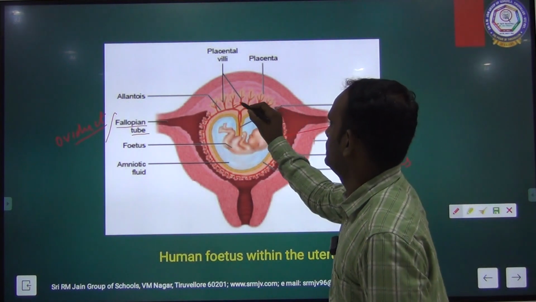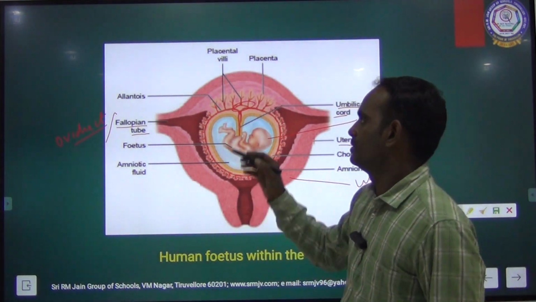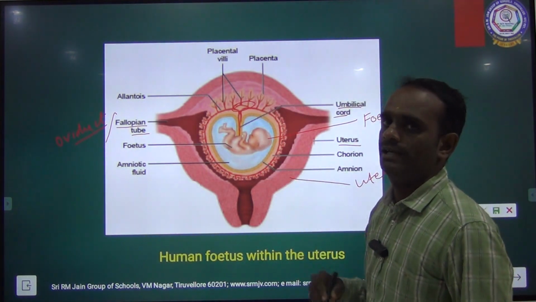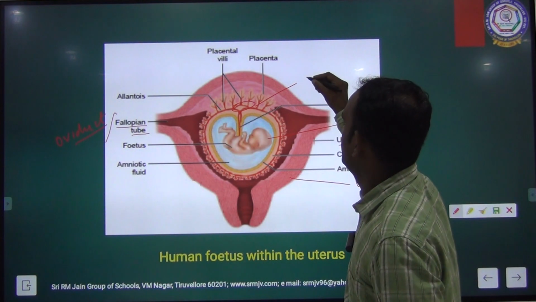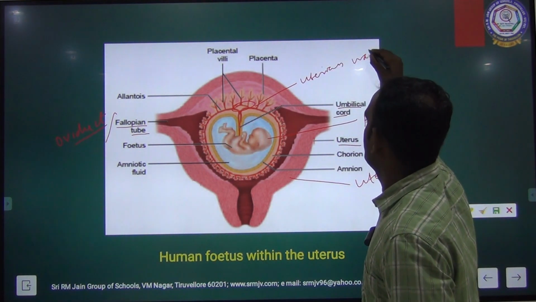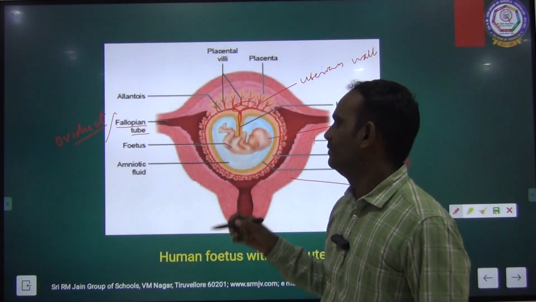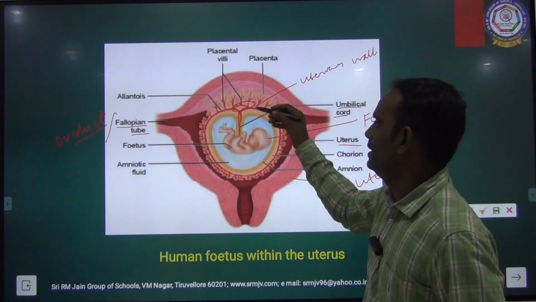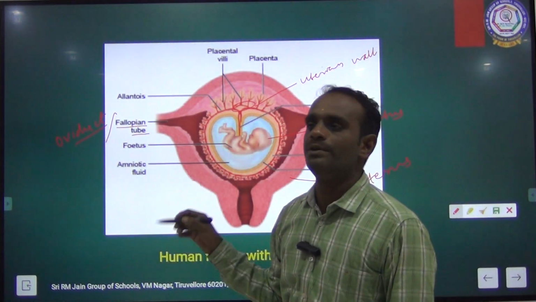The placenta is a temporary endocrine organ. It is attached in the uterine wall, and through the umbilical cord it connects with the fetus. It provides nourishment and nutrition to the developing embryo.